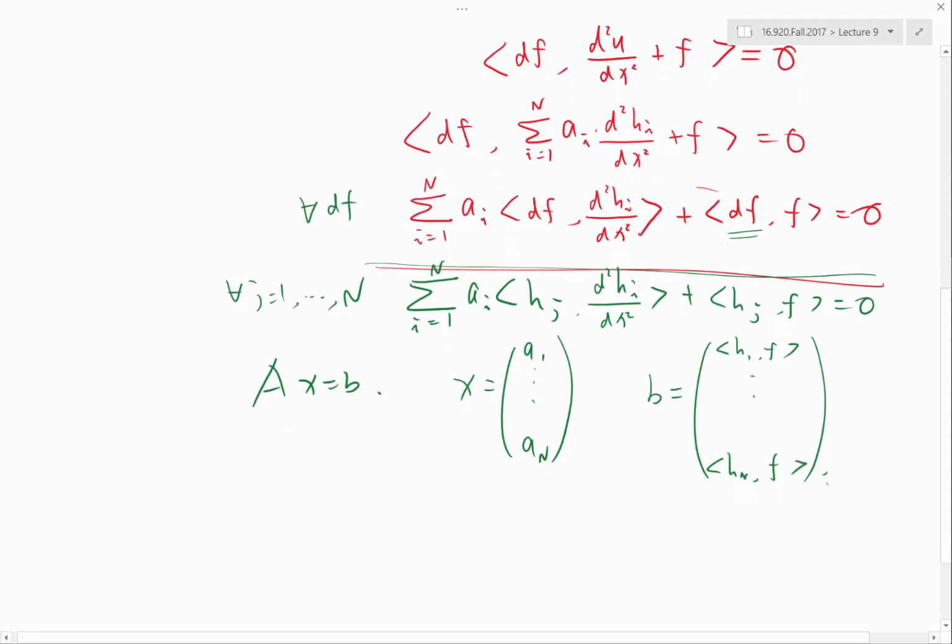And my aji is hj d square hi dx square. All right.